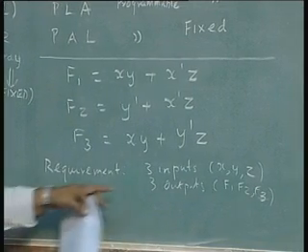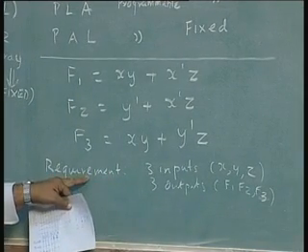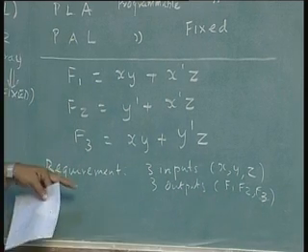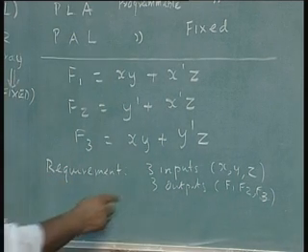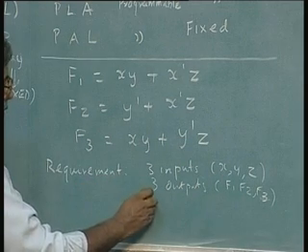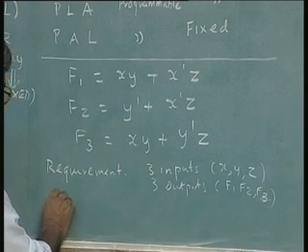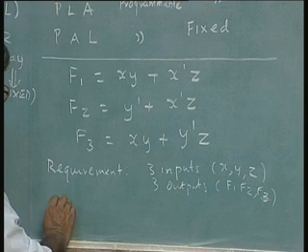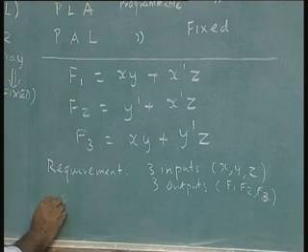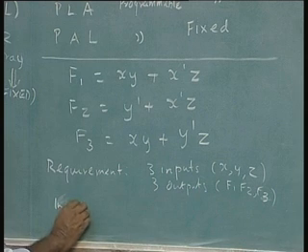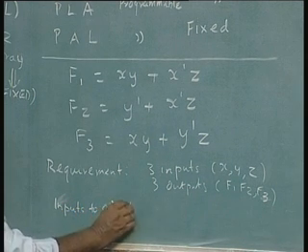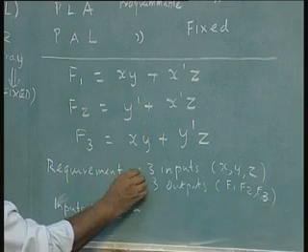But what has to be specified further in this case, which is not done in the case of programmable logic array, is how many inputs to each OR gate. So, the number of AND gate inputs to the OR gate has to be specified by you.